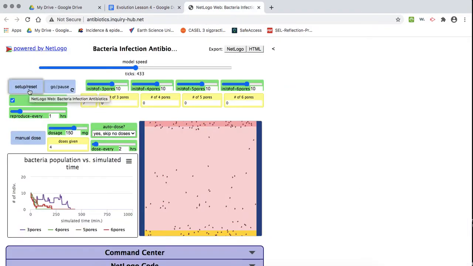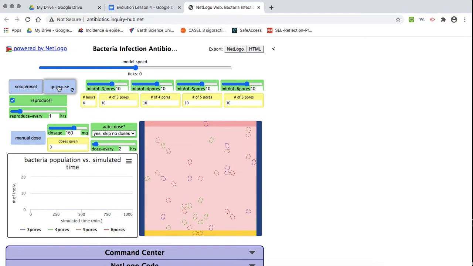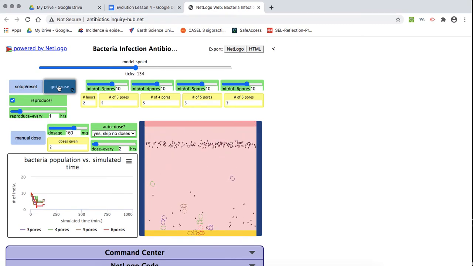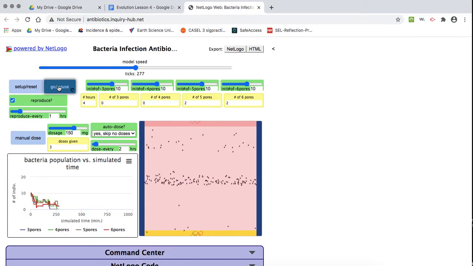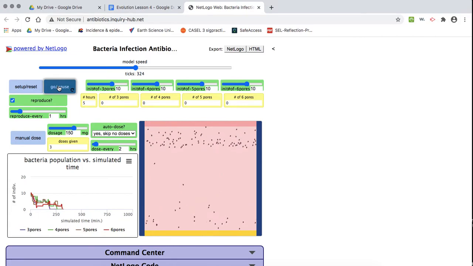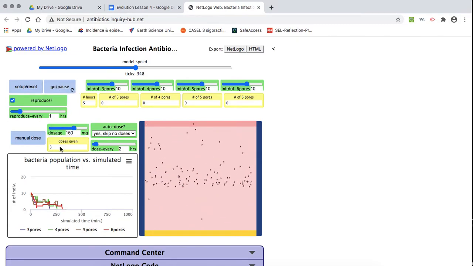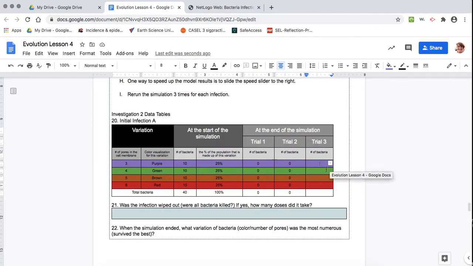Trial 3, try it again, see what happens. All right, so it took about 3 doses that time, and interestingly enough, in this one, the red survived the longest, but we still have no bacteria in the end.